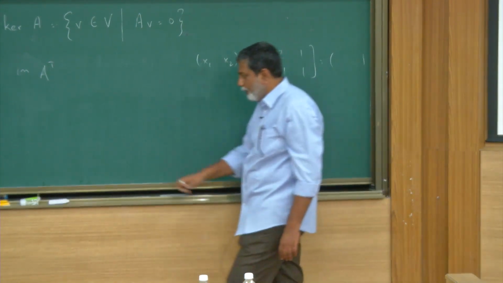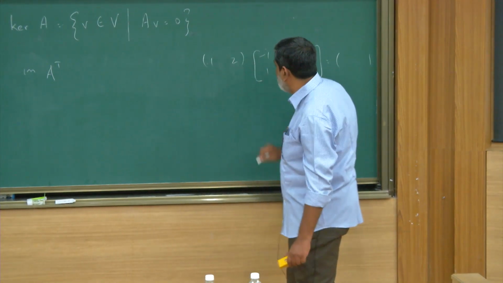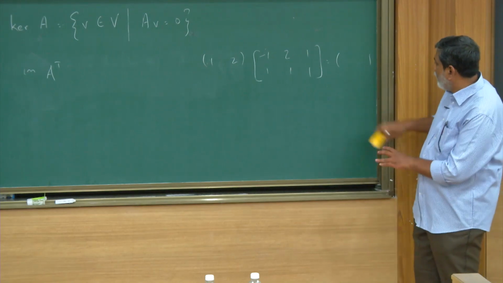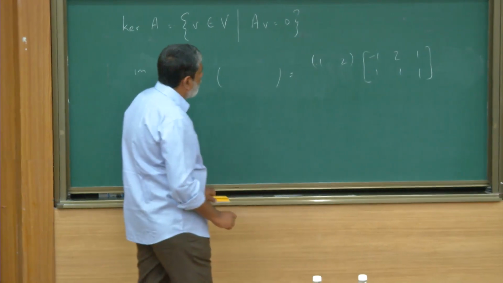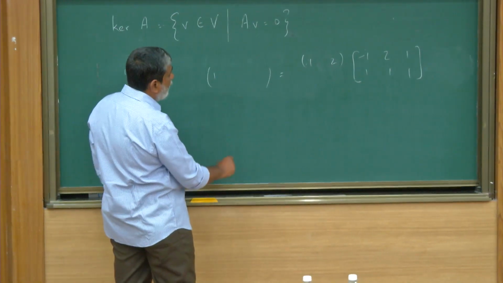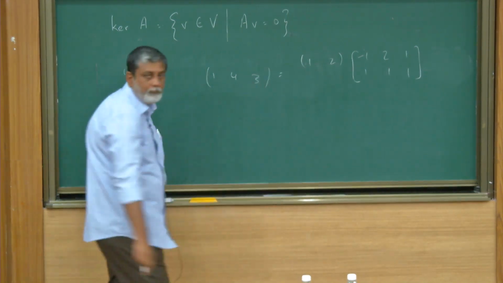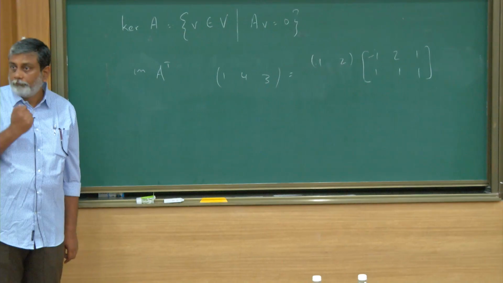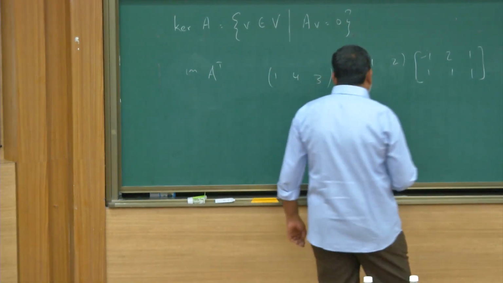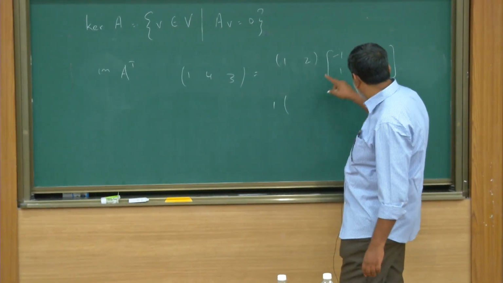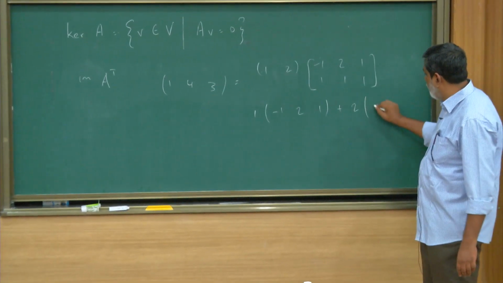So suppose I take x1, x2 to be 1, 2, then I'll end up getting 1, 4, 3. The way we are getting this is 1 times this row, minus 1, 2, 1, plus 2 times 1, 1, 1.